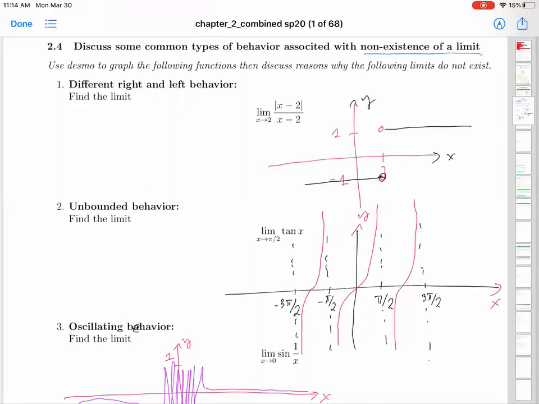So this is the graph of this function right here. And you can see that when x goes to 2, the left side of the function goes to -1, and the right side of the function goes to 1. So they go to different points. That means the limit of this function when x goes to 2 doesn't exist.